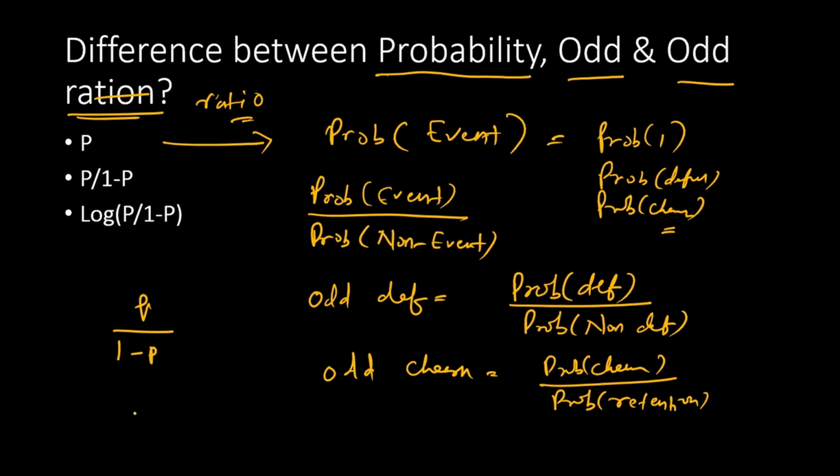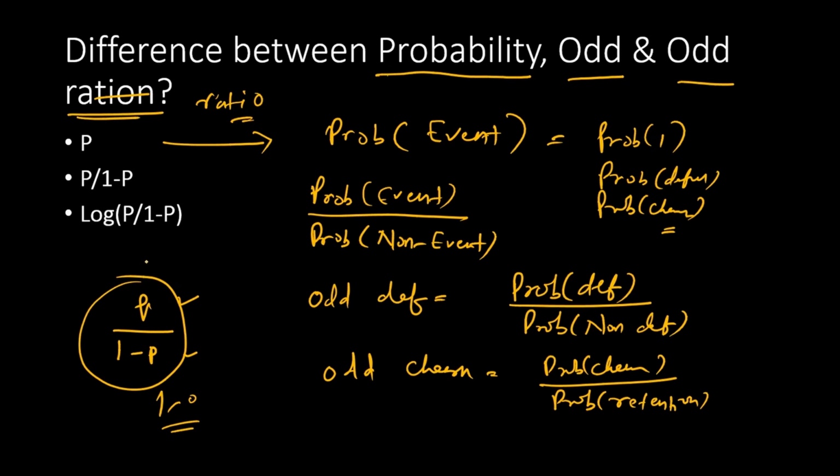In the case of a binary event, the dependent variable takes only two values, 1 and 0, so the probability of the event and 1 minus the probability of the event, that we call the odd.